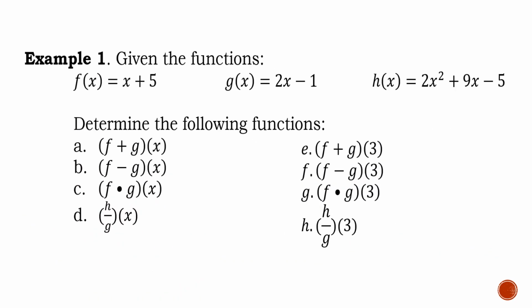For example number one, given the following functions: f of x is equal to x plus 5, g of x is equal to 2x minus 1, h of x is equal to 2x squared plus 9x minus 5. Using the concept of operations on functions, we're asked to determine f plus g of x, f minus g of x, f multiplied by g of x, and h divided by g of x.